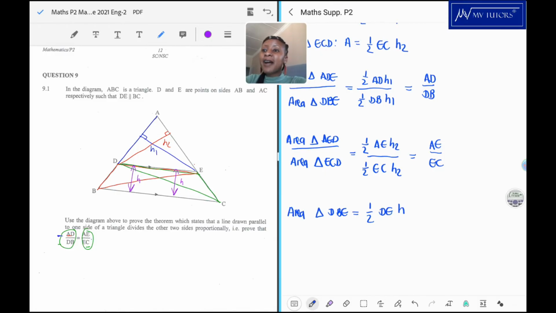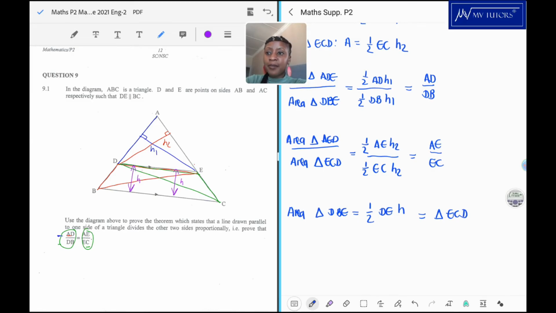If I also have a look at triangle ECD, do you realize that ECD is also going to have the same area? Triangle ECD also has the same area.